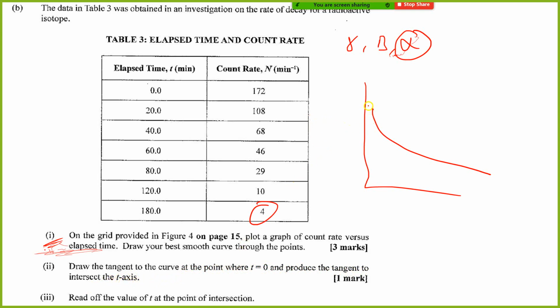Now, when you look back at the graph, your curve would start at 0 because 0 is one of your points. So that's where your graph starts. When they say draw a tangent, they mean that you should draw a straight line. A tangent is a straight line that touches the curve one time. And that line will come all the way down.